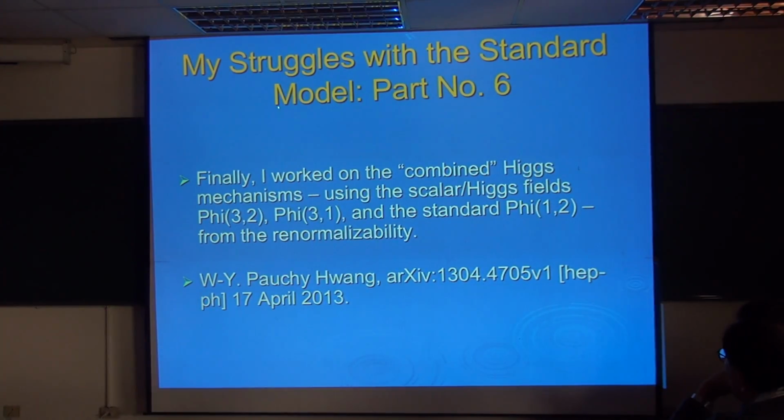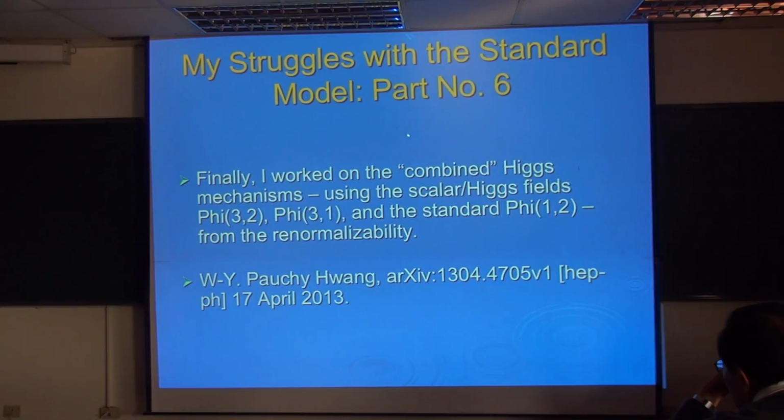So this is the struggle with the standard model, the part number 6. So after that, I think what I have to do is to try to work out the so-called Higgs and everything. So that's why we already have the 532 and also the standard. The other one is this one for the renormalizability.